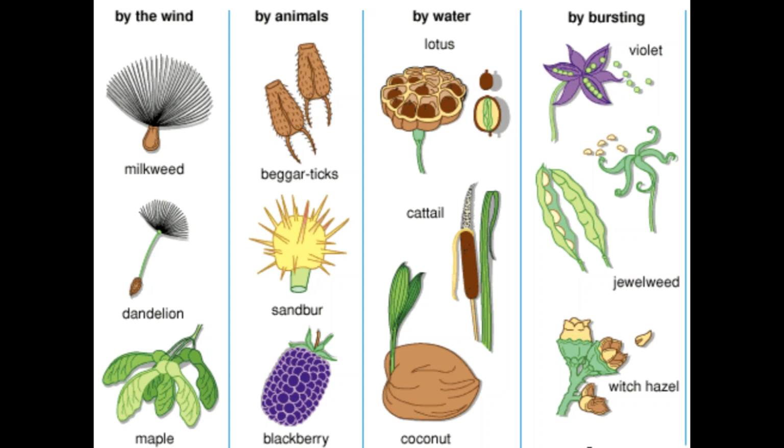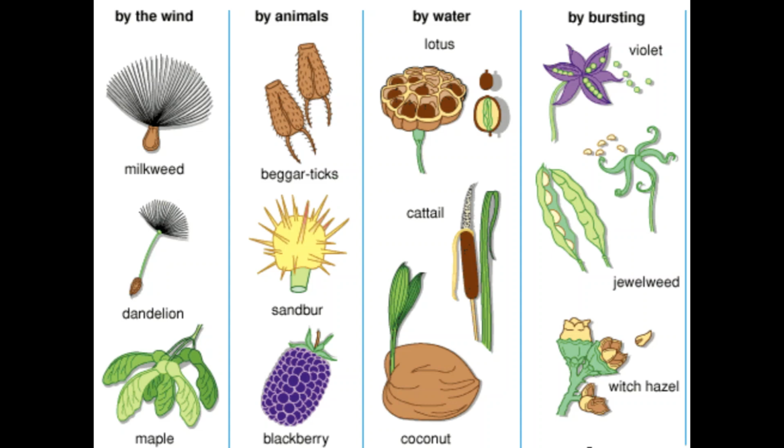Now, you have seen that a mango tree bears many mangoes. Each mango has a seed inside it. Now, if all the ripe mangoes fall under the mother tree, all of them cannot grow properly because all the seeds will not get enough space, water, soil and sunlight.